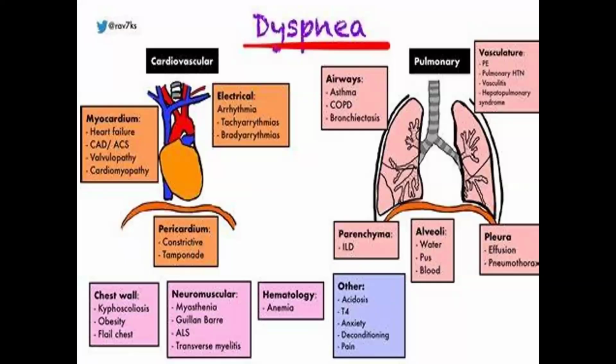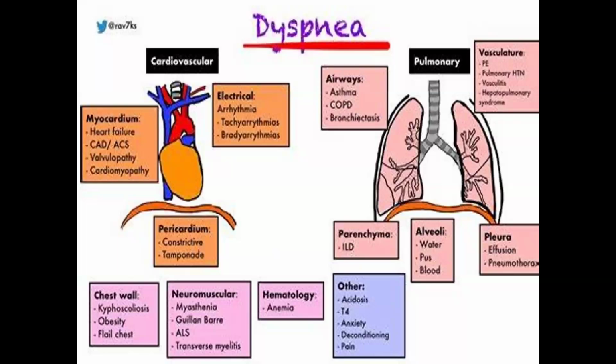Okay, dyspnea. Dyspnea has multiple names, like shortness of breath and breathlessness. I like the word breathlessness because it's easier to use to communicate with patients. Usually dyspnea is caused by cardiovascular or pulmonary causes.